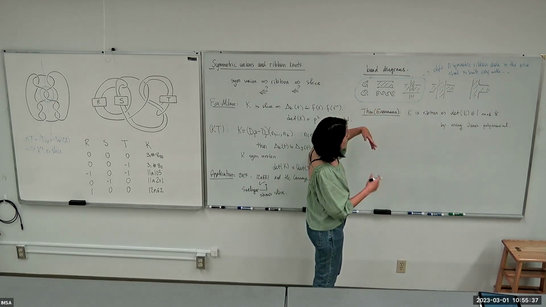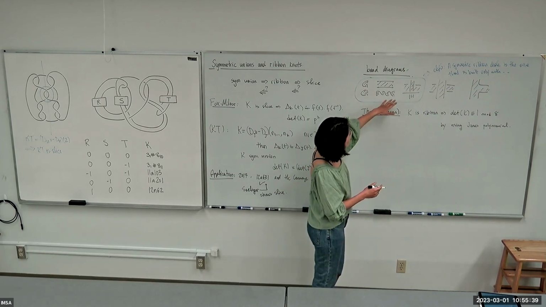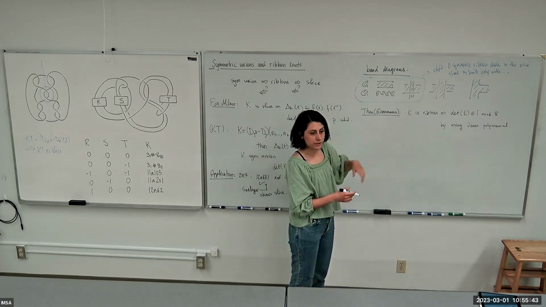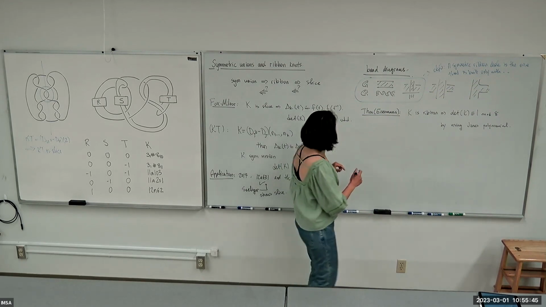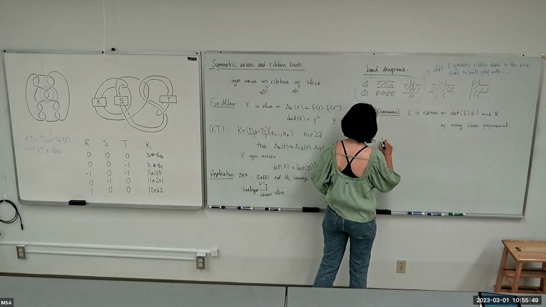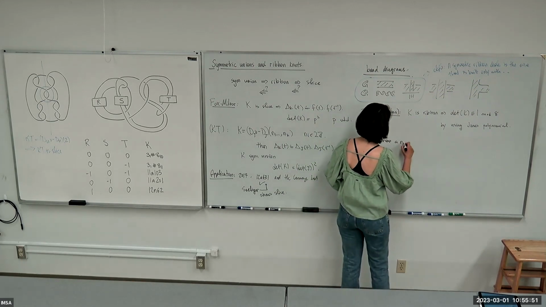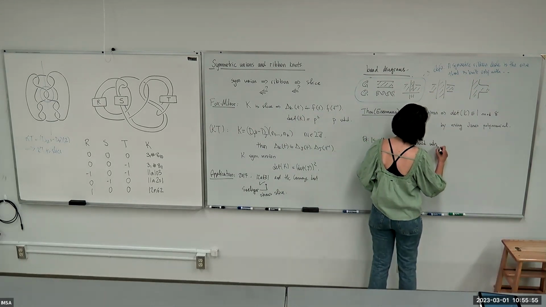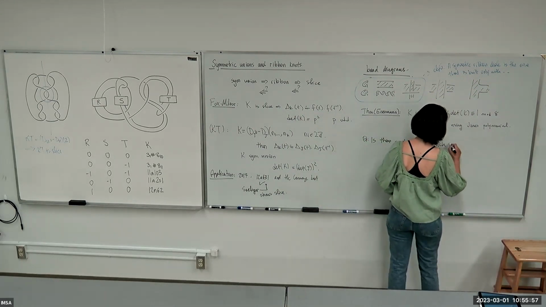If I build a ribbon disk using only these three types of pieces, the boundary will admit a symmetric union diagram. Then you can ask whether there is a ribbon disk which is not symmetric. This is still not known.